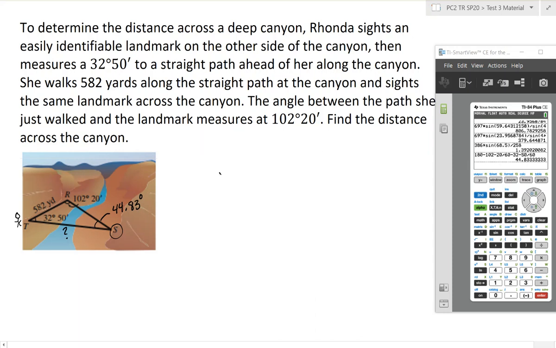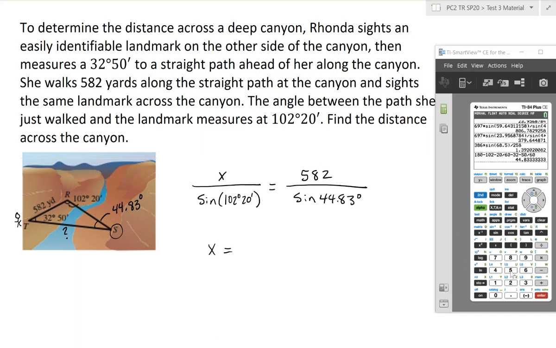My distance that I need, x, over the sine of 102 degrees 20 minutes is going to be equal to 582 over the sine of 44.83 degrees. So we will multiply both sides by the sine of 102 degrees 20 minutes.